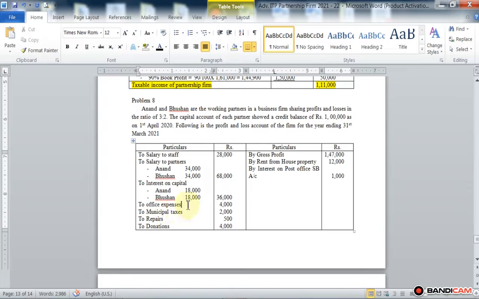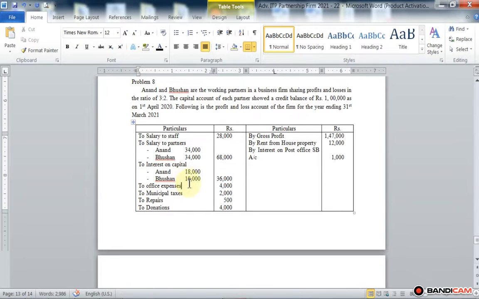So interest on capital, if the rate of interest on capital charged to partners' capital is given, then we compare the rate of interest with the exempted rate of interest. If not given, then we find out the percentage of interest charged on the capital of each partner. Interest on capital is exempted up to 12%.